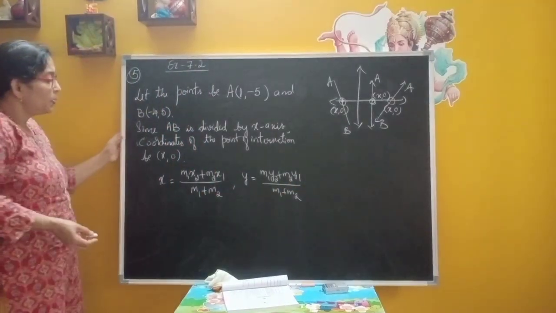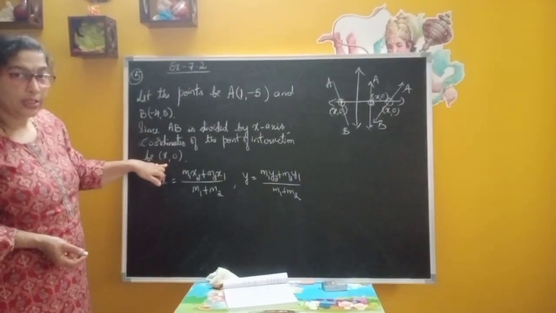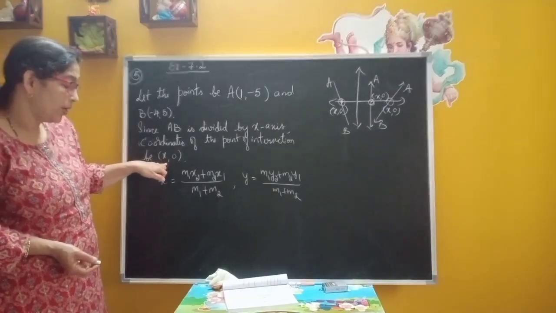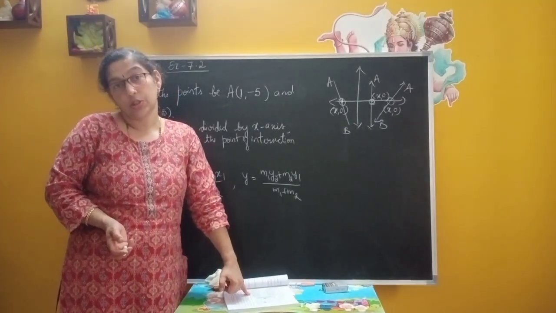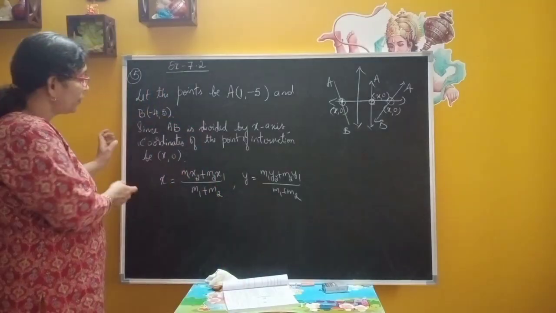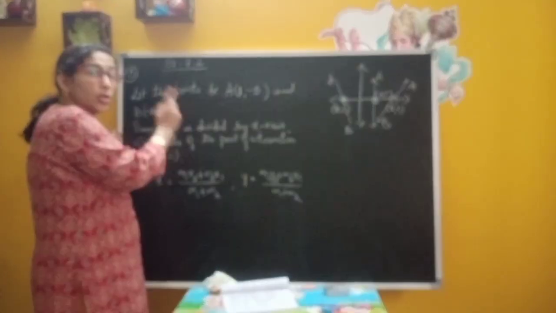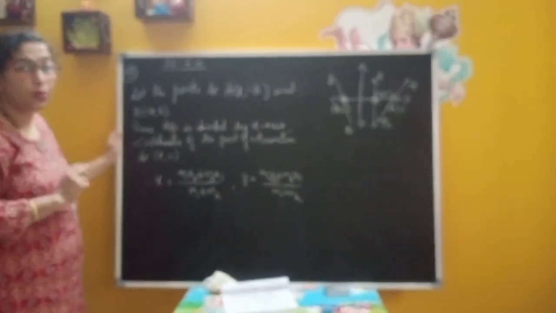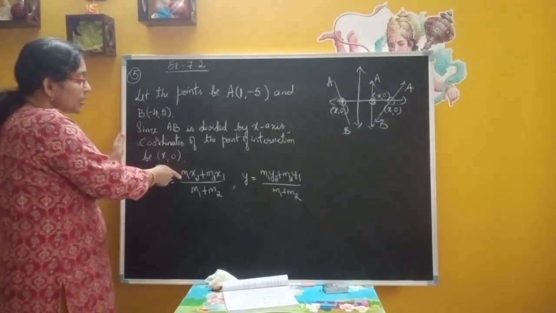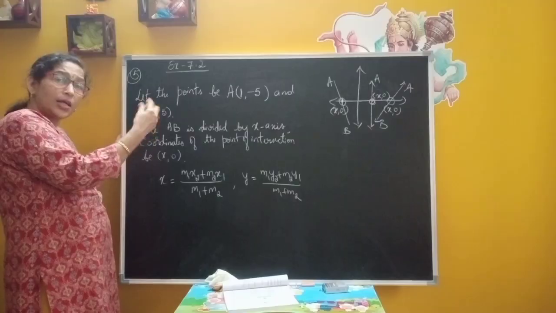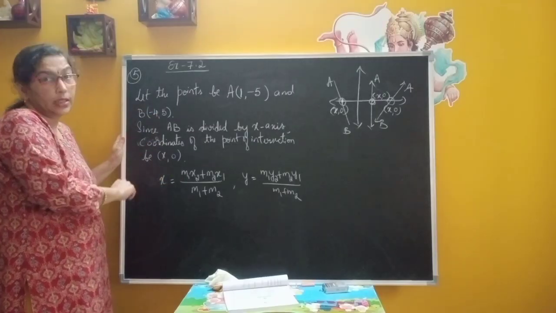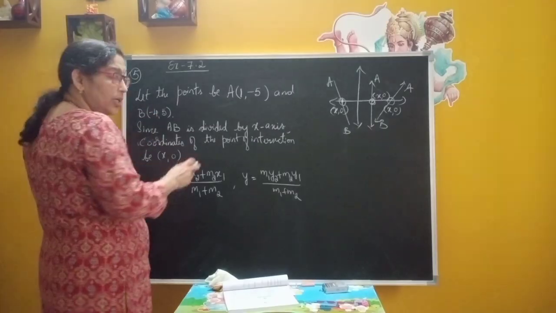Before finding the value of x, we need to find the ratio. That is the main intention of this question. So we need to find m1 is to m2. Let us consider m1 and m2 themselves, better I think.